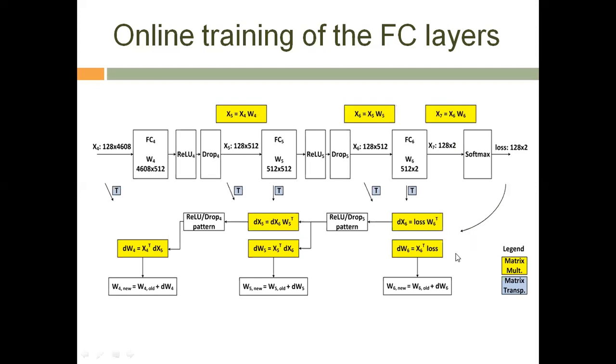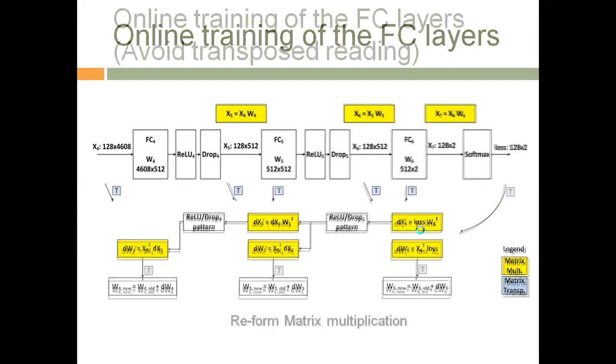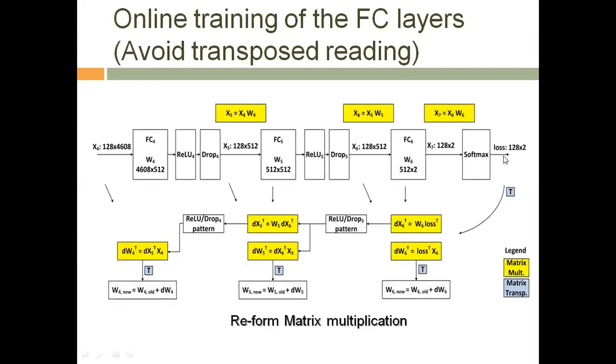In our proposed implementation, we apply the transposed operator to both sides of the equation. So we obtain the loss in the transposed fashion, and we calculate the propagated errors and the delta weights in a transposed form.